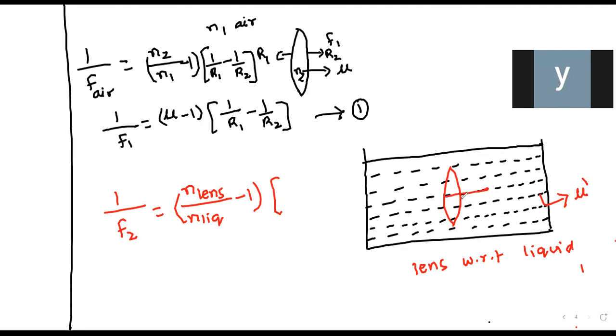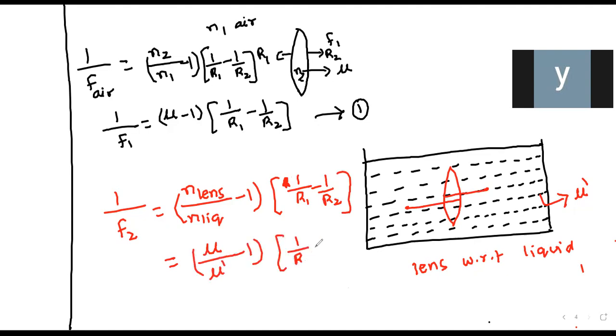R1 and R2 will remain the same. So 1 by R1 minus 1 by R2. Refractive index of lens is mu by mu dash minus 1 times 1 by R1 minus 1 by R2.